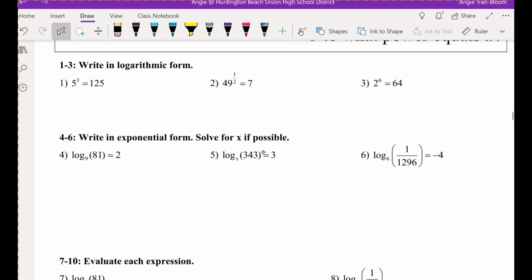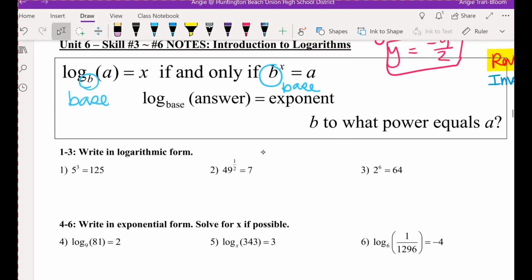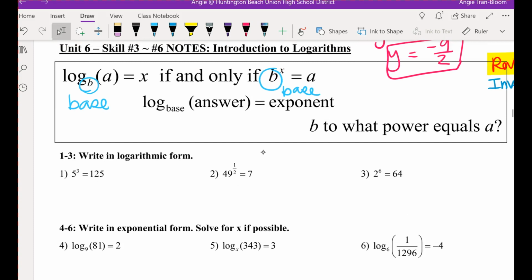So first, what's the base in example 1? The base is what? 5. How do we write that in logarithmic form knowing the base is 5? What do we start out with? The word log, right? Log 5 or log base 5? Base 5. Remember, the base goes below the word log.